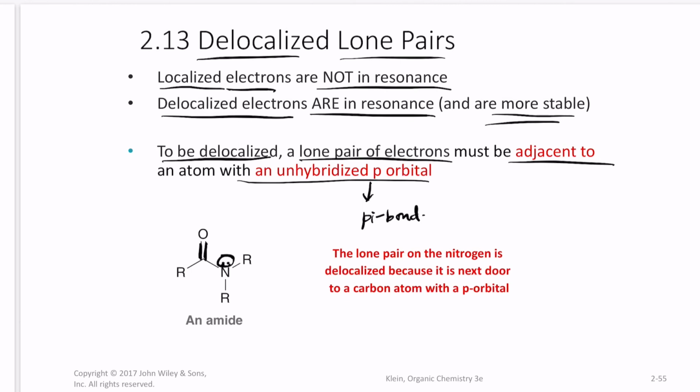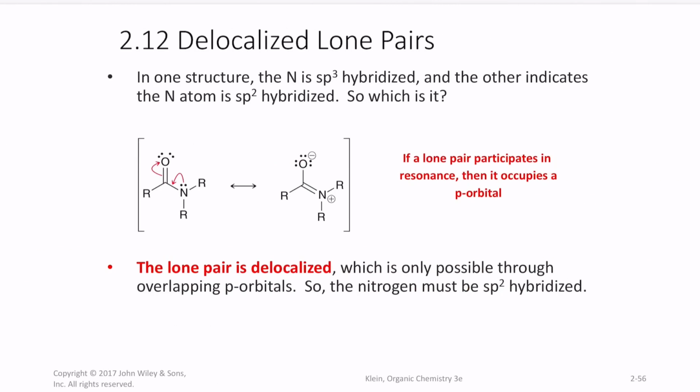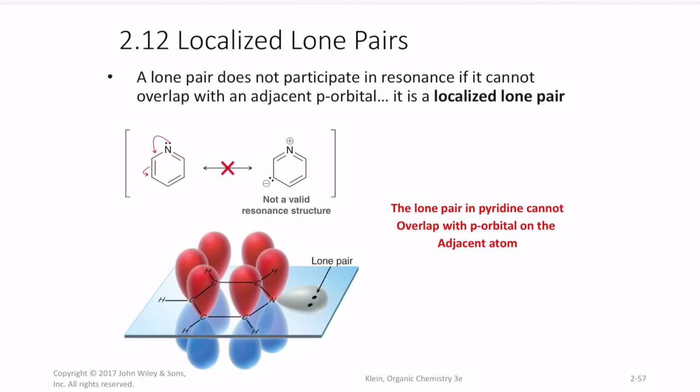But that is not always the case. For example, let's take a look at the other structures. Here, the nitrogen has a problem because it itself has a double bond and it also has a lone pair.